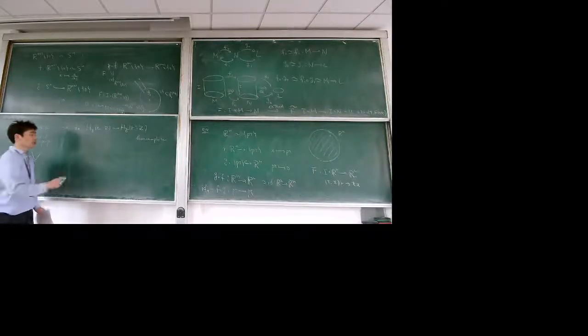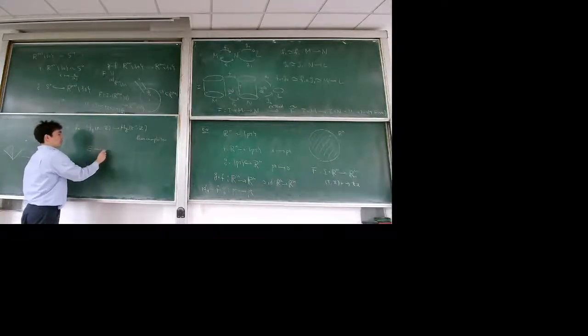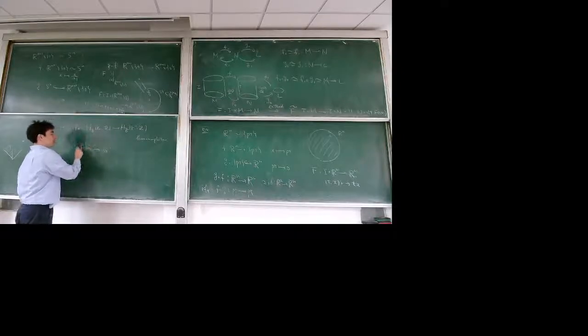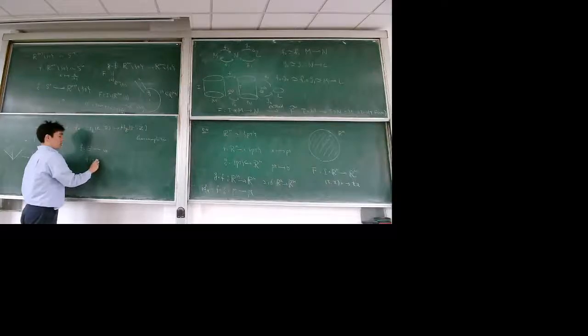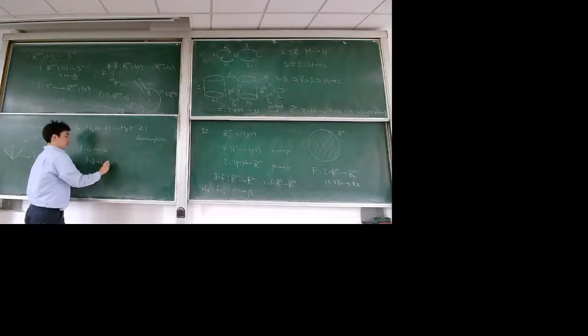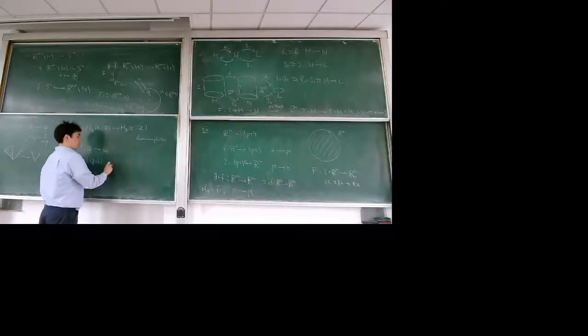Last time I used this example to explain the simplicial map. That will induce a homomorphism. A homomorphism is a map between groups. If you have a group G and another group G prime, homomorphism means f(g·h) is equal to f(g)·f(h).